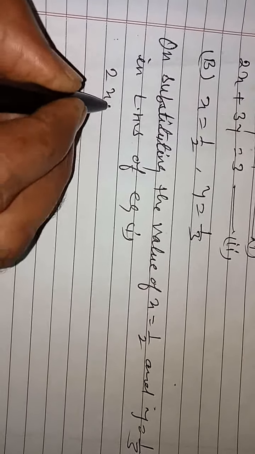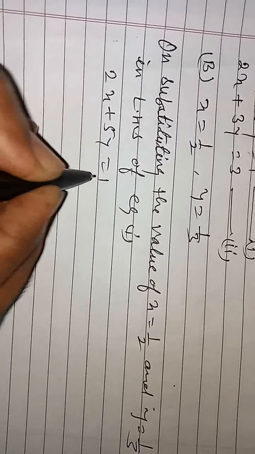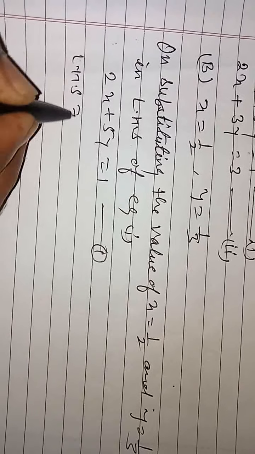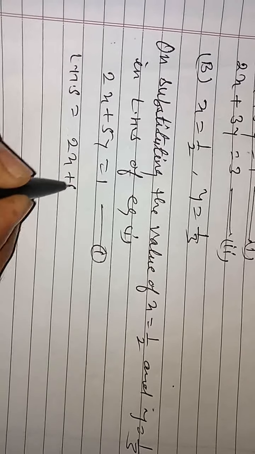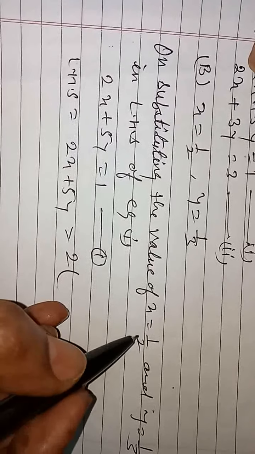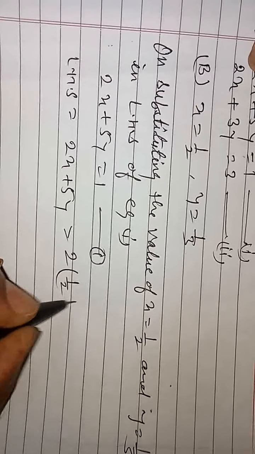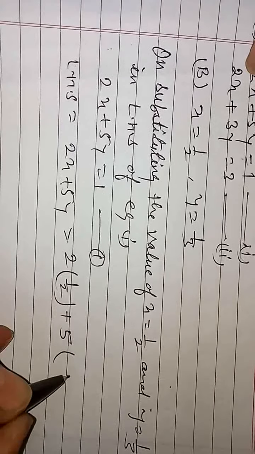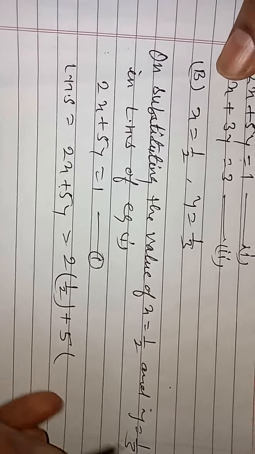First equation is 2x plus 5y is equal to 1. LHS equal to 2x plus 5y equal to, at the place of x we put 1/2, then put plus sign, then 5, and at the place of y we put 1/3.